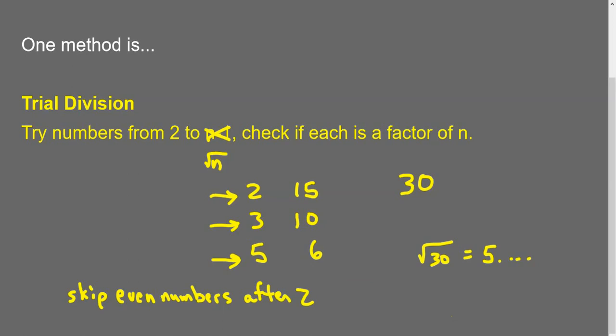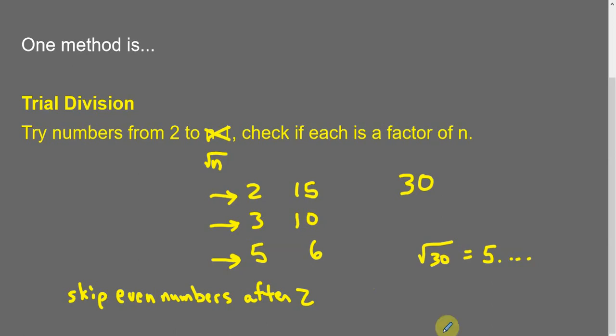And so often people would do that if they're doing trial division. They would check 2, but then go 3, 5, 7, 9, etc. And you can go further. I won't write it down, but after you check 3, you don't have to check multiples of 3. And after you check 5, you don't have to check multiples of 5. So you can continually improve this, but eventually it gets a little cumbersome and ridiculous. But yeah, you can do that.